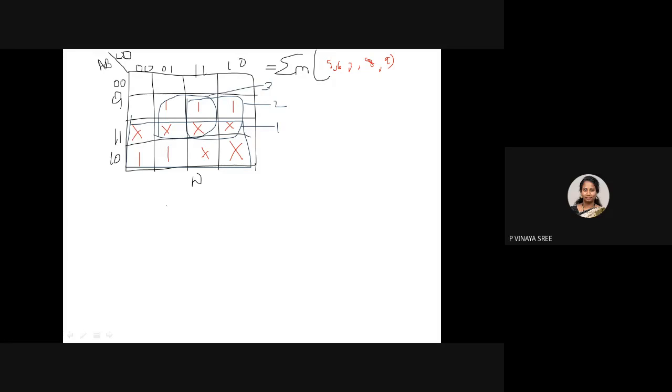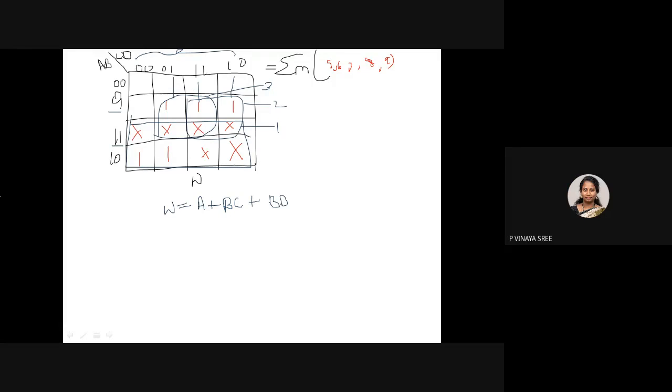Tell me the expression for W for group 1. All these will be cancelled, and the answer you will get is A. Plus, the second group: you will get B, and from above, BC. Plus, for this group you will get B, and above this, D. This is your expression for W.